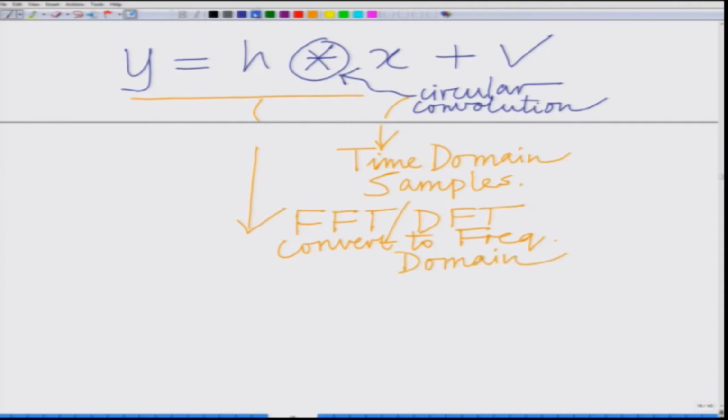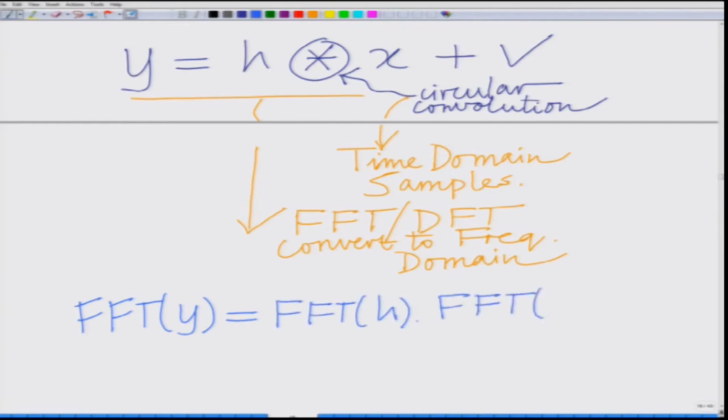And once you convert it into the frequency domain, what you have is that the circular convolution becomes a multiplication, that is FFT of h times the FFT of x plus the FFT of your noise. Let me write this multiplication explicitly.